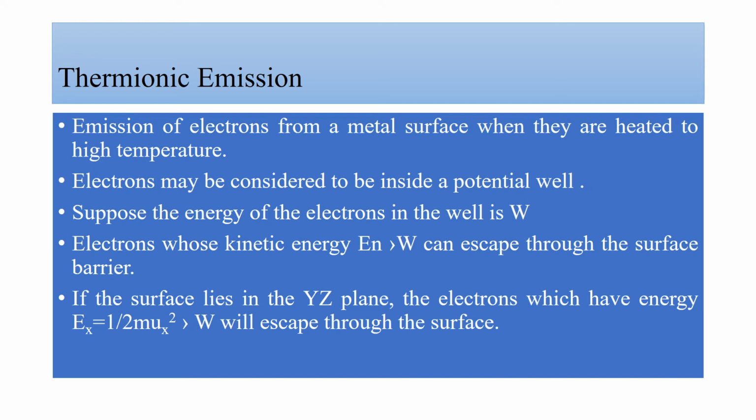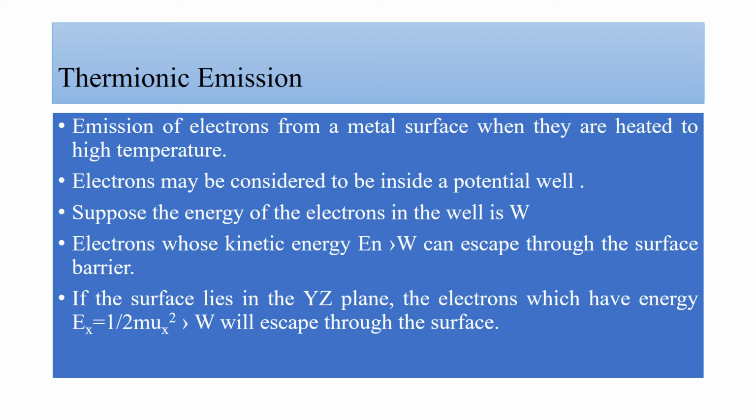Thermionic emission. Metals emit electrons when they are heated to a high temperature. This phenomenon is called thermionic emission. Since the electron emission does not take place spontaneously, electrons in the metal may be considered to be inside a potential well created by metallic ions.